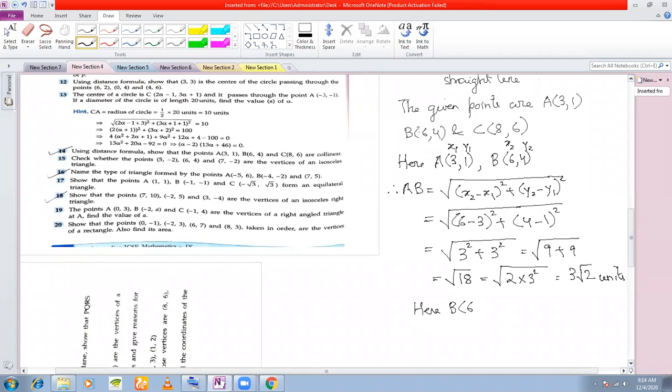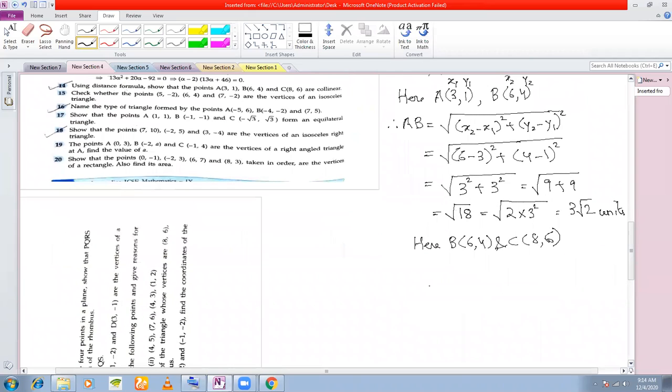B is 6, 4 and C is 8, 6. Therefore, BC is equal to square root x2 minus x1 square plus y2 minus y1 square.